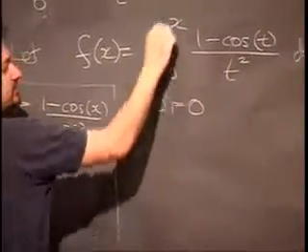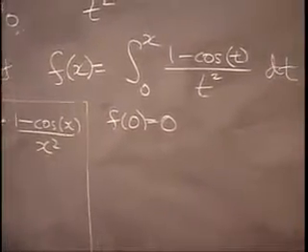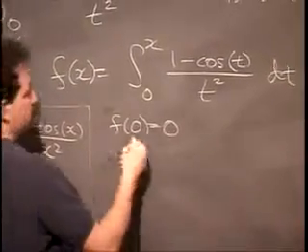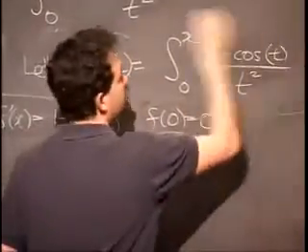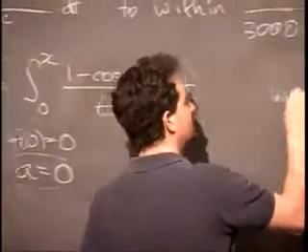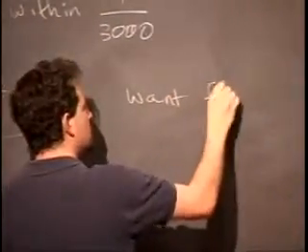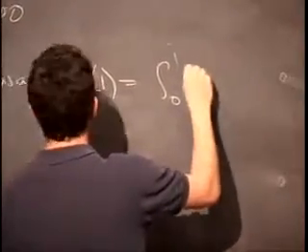Because the integral from 0 to 0 of anything is 0. So actually, we're going to pick a equals 0. So we'll let a is 0, we'll let f of x be this, and we want f of 1. Because f of 1 is the integral we're looking for.